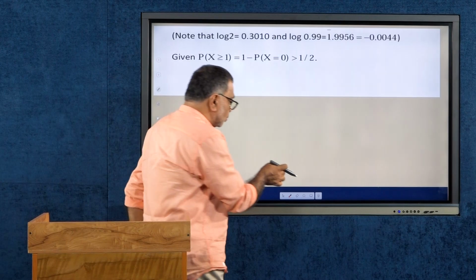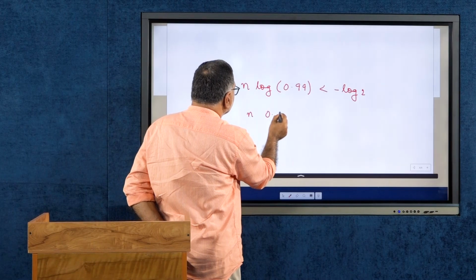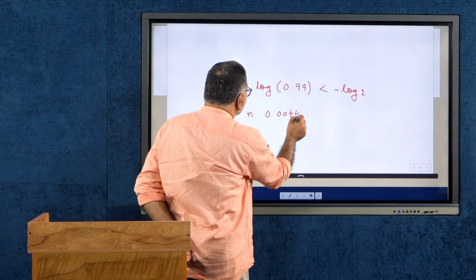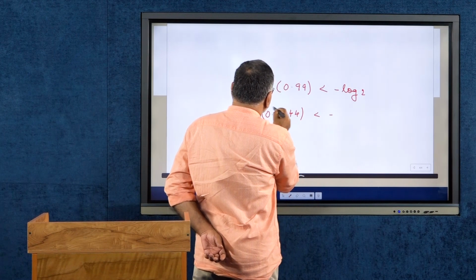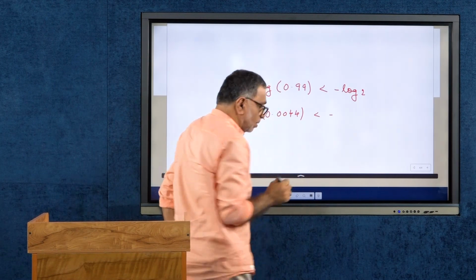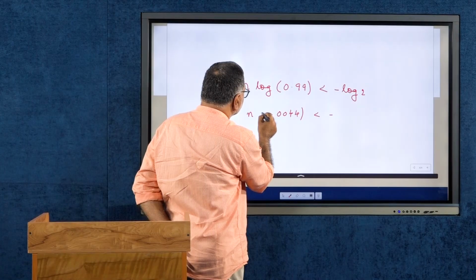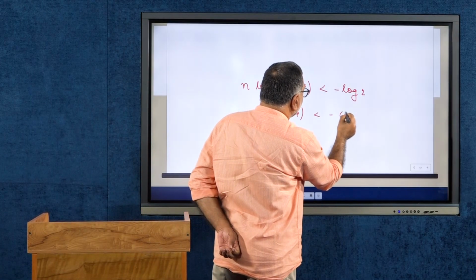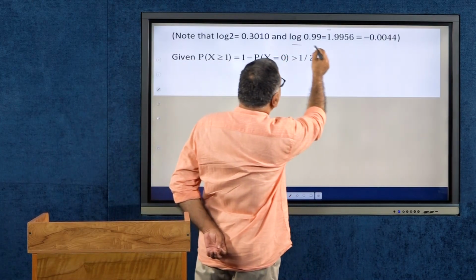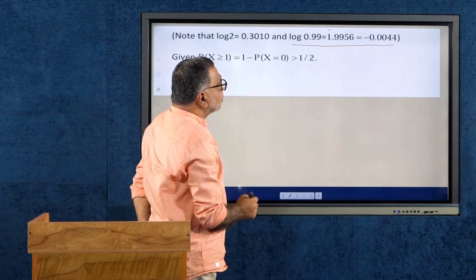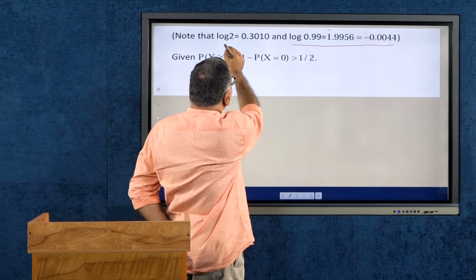On the basis of this, we have n times minus 0.0044 is less than minus 0.3010.